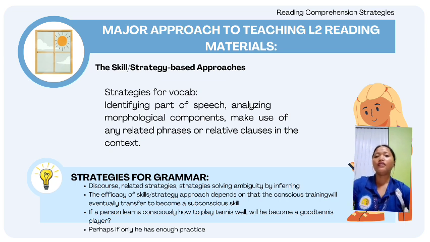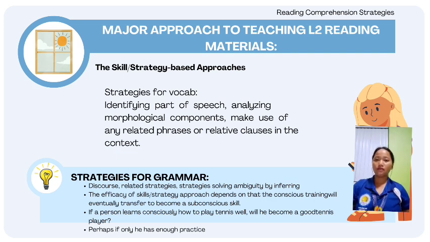For grammar-related strategies, it involves understanding discourse structures, how sentences and paragraphs are connected, and using techniques to resolve ambiguity or unclear meaning. So some grammar strategies include using prior knowledge to understand unclear sentence structures, recognizing relationships between sentences in a paragraph.